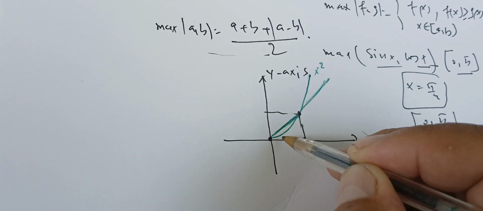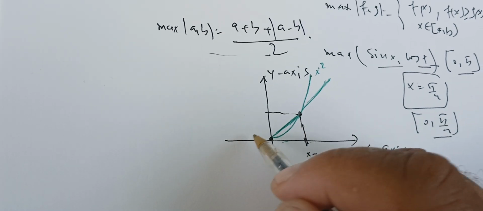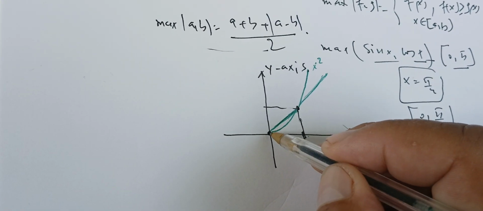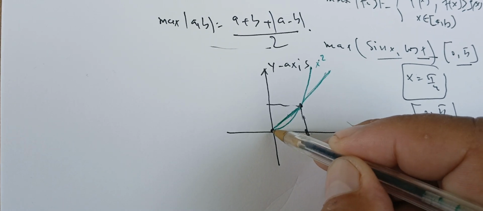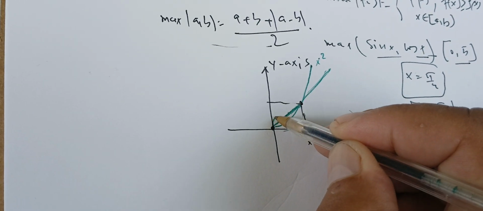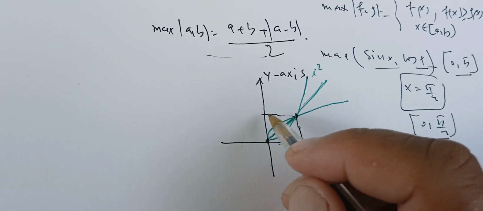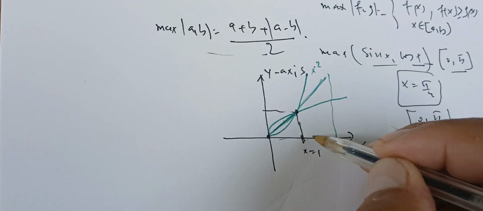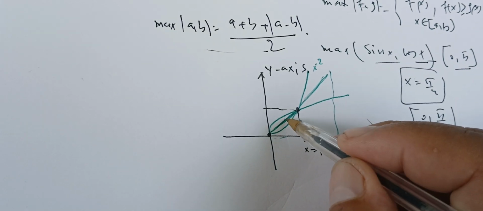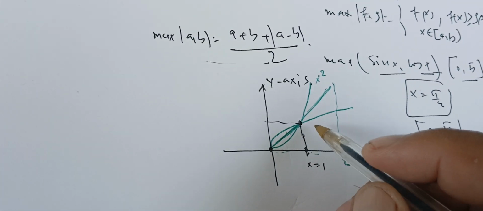So on this interval 0, 1, x is bigger than x squared. Now the square root is bigger than both of these on this interval 0, 1, and it's less than these 2 outside of this interval. Now we see what we want. Here, this is my interval 0, 2. On 0, 1, the maximum is the square root. On 1, 2, the maximum is x squared.